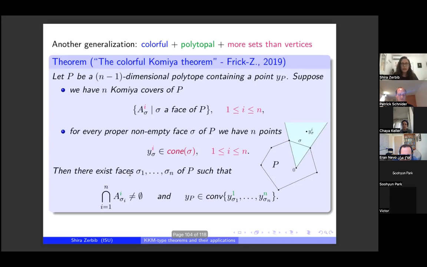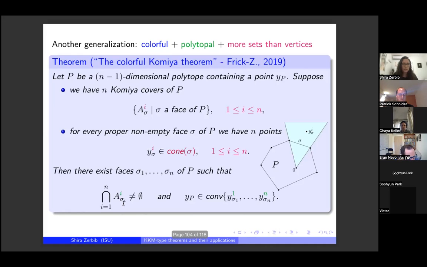Then I can find faces sigma 1 to sigma n of P, such that a colorful selection of the sets intersect.